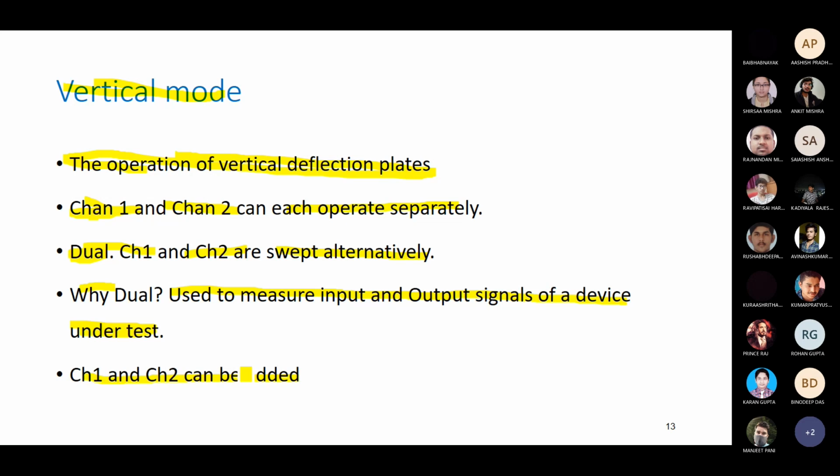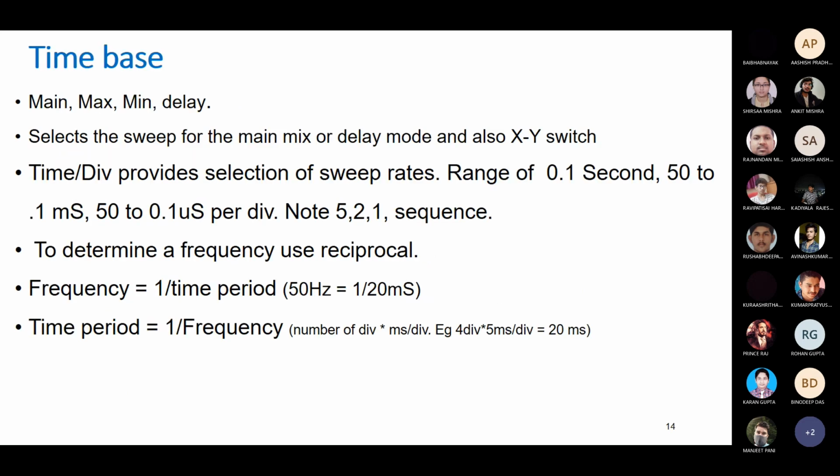That's why isolation is very important, but an isolated oscilloscope is very costly. Or you can do external isolation by using an isolation transformer, that is also possible. So the oscilloscope costs less, but you are preparing external isolation to make your oscilloscope efficient.